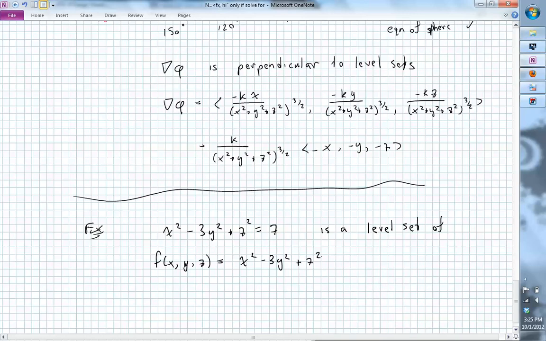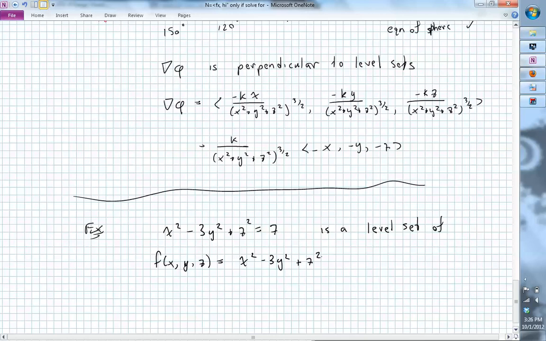So this surface that I'm interested in just happens to be a level set of this function. Which level set is it? It's the one corresponding to the value 7. If I set this function equal to 7, that's a level set of that function, and it happens to correspond to the surface we're interested in.